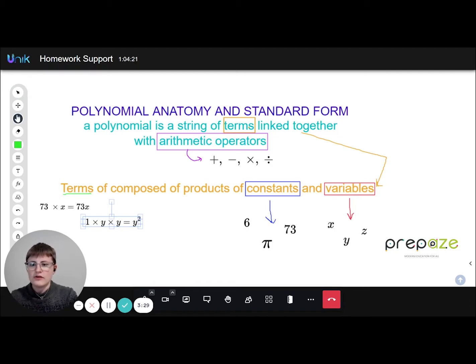So like I said, a term is composed of a product of constants and variables. If we check out over here, the term like 73x is a product of the constant 73 and the variable x. y squared is also going to be one of those terms. It's two variables that are multiplied together, two different y's, multiplied by a constant 1.